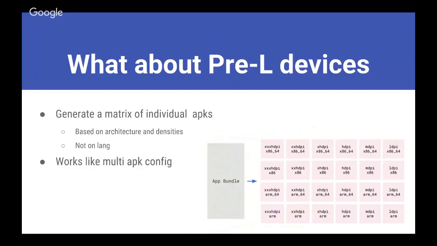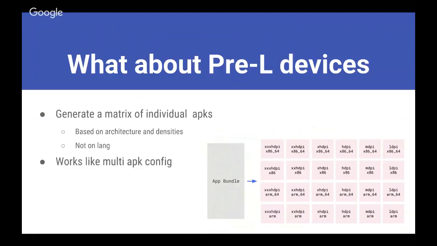We are not using languages to create the array of APKs, because that would create too many APKs. So from the app bundle, we create a matrix of APKs as shown here. This is very similar to how multi-APK worked, where if you were using multi-APK for your apps, this is exactly how they worked in the past.